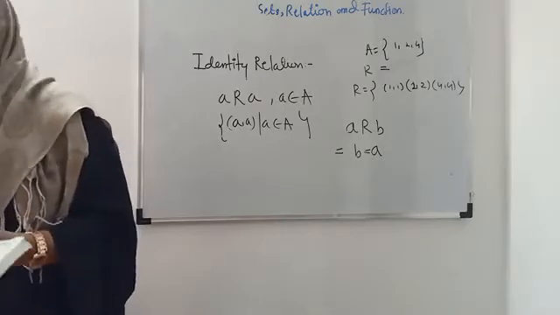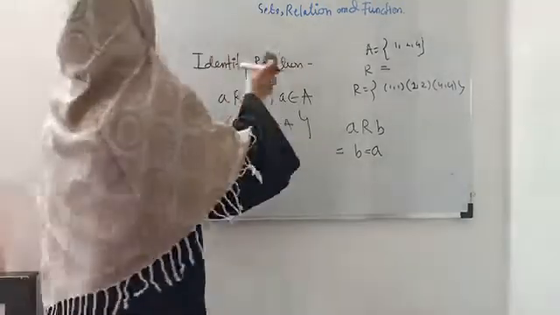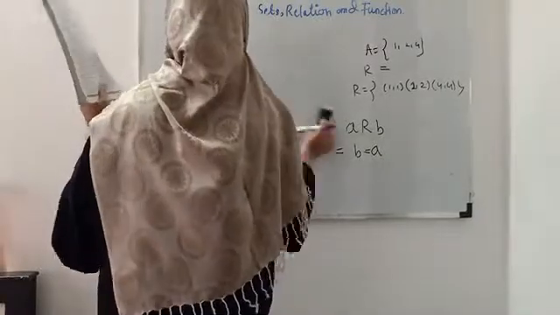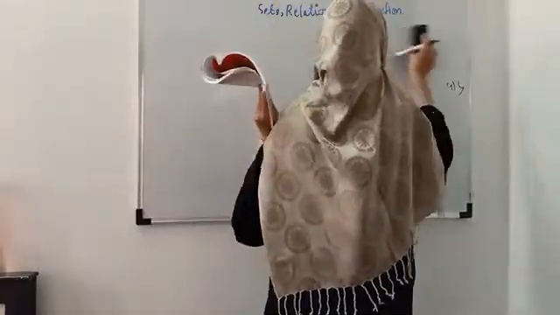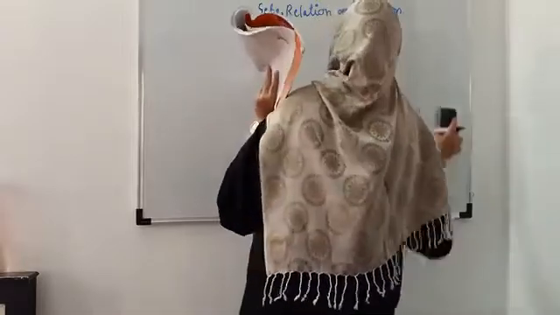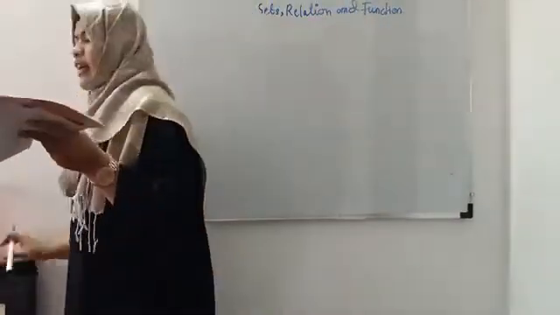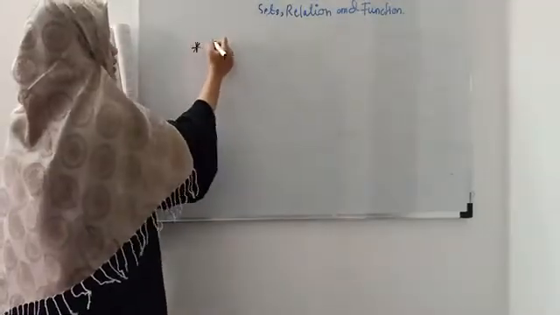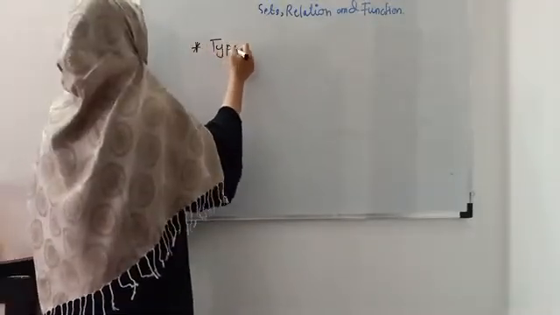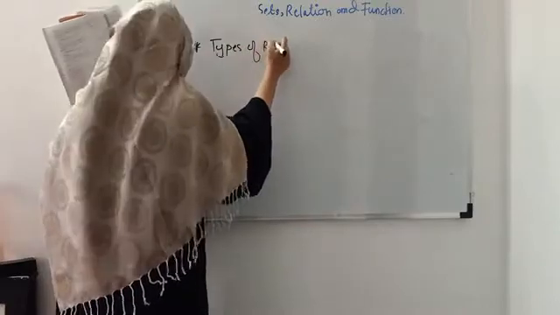Now the next is types of relations. Types of relation is very important. Equivalence relation is also important, it can come for 4 marks in the exam. So the next topic is types of relation.